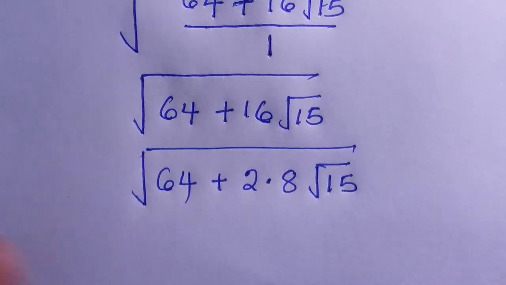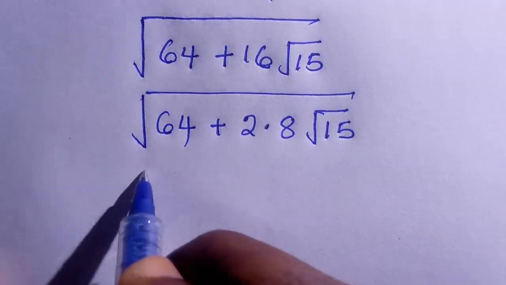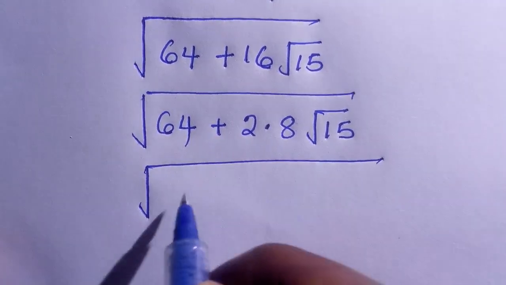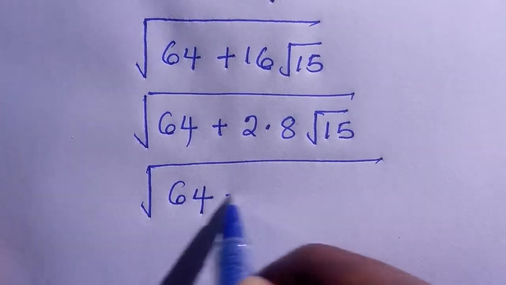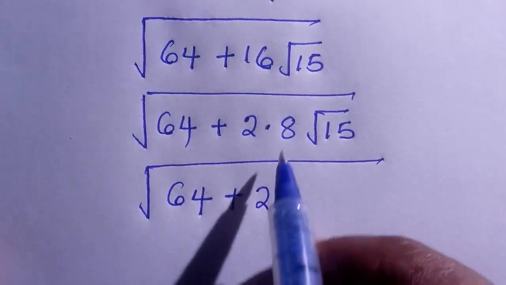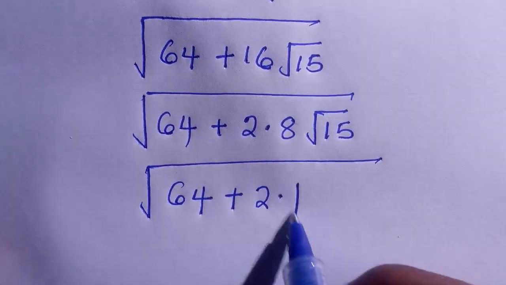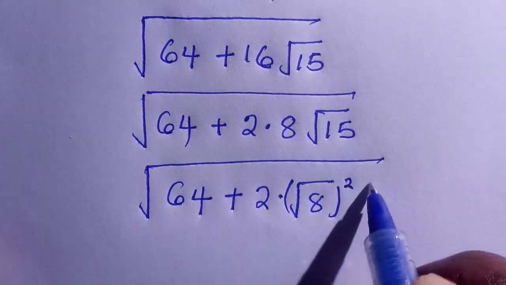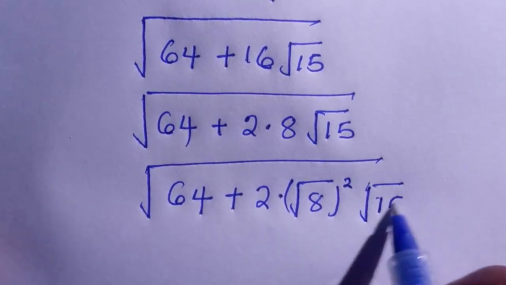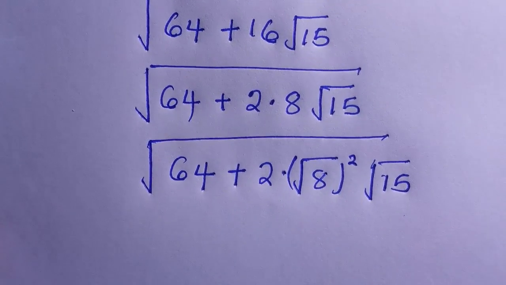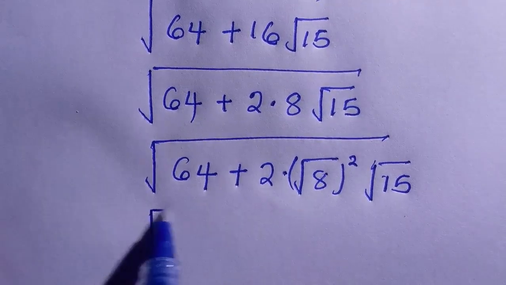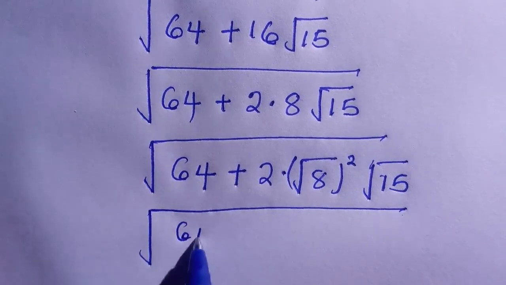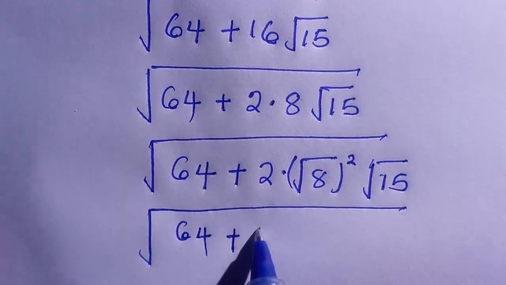And again we have this as square root of 64 plus 2 multiplied by the square root of 8 raised to power of 2. Then here is square root of 15. And next we have square root of 64 plus 2.